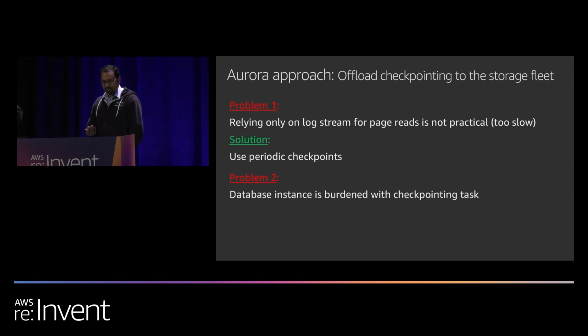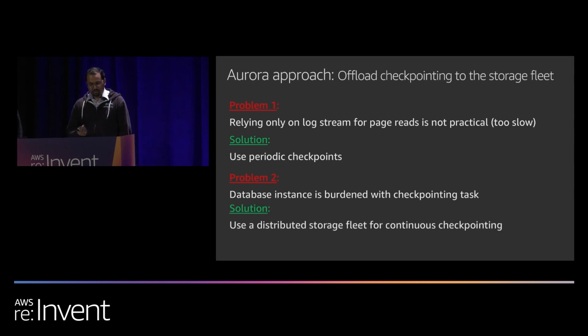So then, one approach we could have taken is let the database do this. This is what the traditional database was doing, and as Tobias mentioned, that's where the I/O inflation happens. For a small column update, you end up writing 32 kilobytes at a minimum, if 16 kilobytes is the page size, right? So the solution we came up with is why not offload that work to a distributed storage fleet, which does continuous checkpointing.